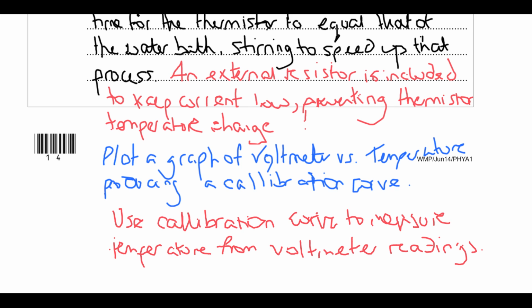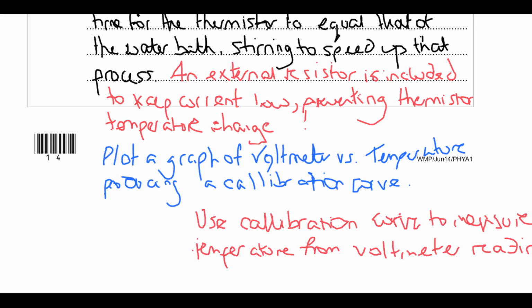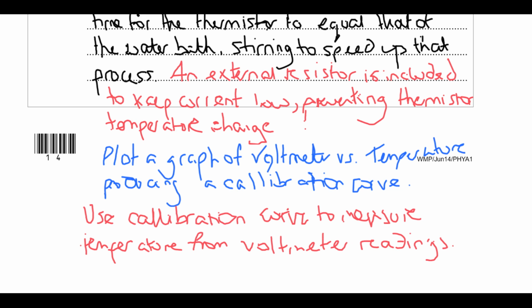I'm just going to read over that again because I'm not convinced anyone can read that. So you're going to use the calibration curve to measure the temperature from the voltmeter readings. That's how you'll actually use it as a thermometer.